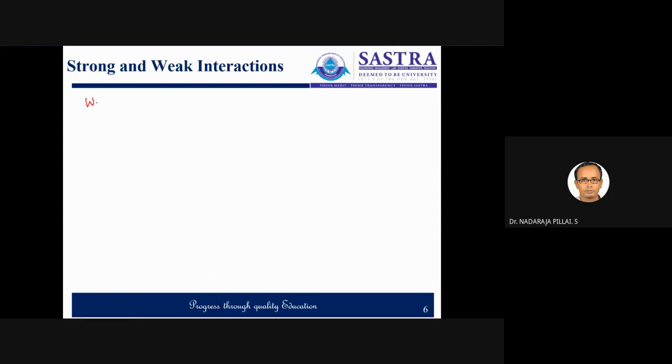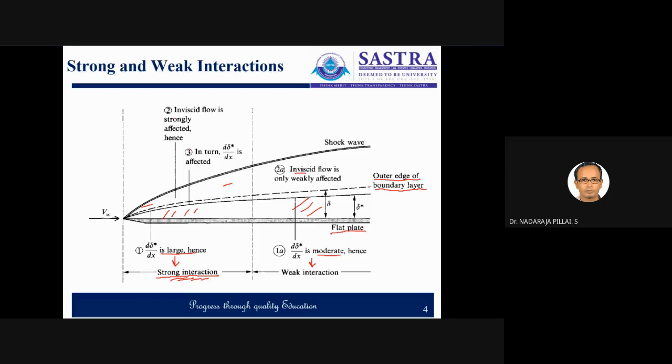So the first point, d delta star by dx is reasonably small, and the outer inviscid flow is only weakly affected here.